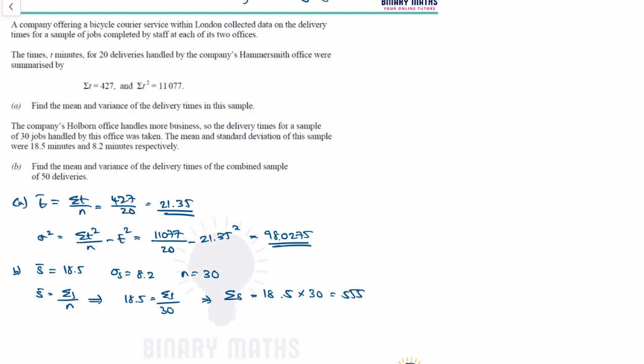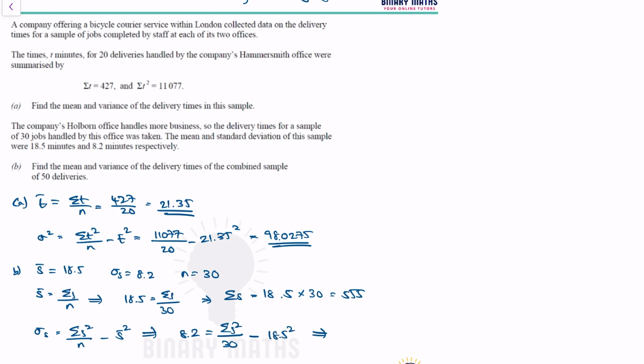Using the formula for variance, sigma of S is equal to sum of S squared over N minus S bar squared, which implies 8.2 is equal to sum of S squared over N, which is 30 for this new set of data, minus S bar, which is 18.5 squared.